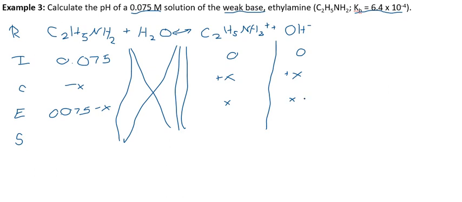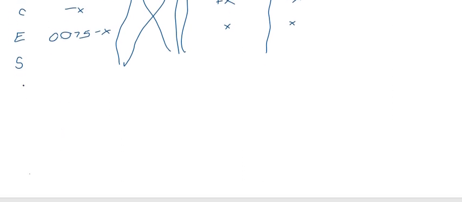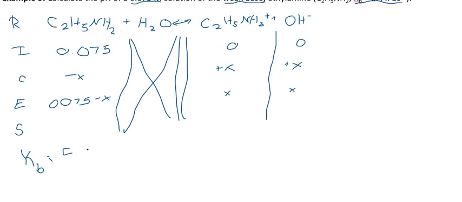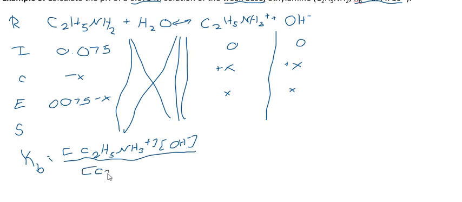And now that I have these terms, I of course need to somehow relate them to each other. And the way I'm going to do that is by using the Kb expression. So for this specific reaction, Kb is equal to my concentration of C2H5NH3 plus times OH minus, all over my ethylamine.